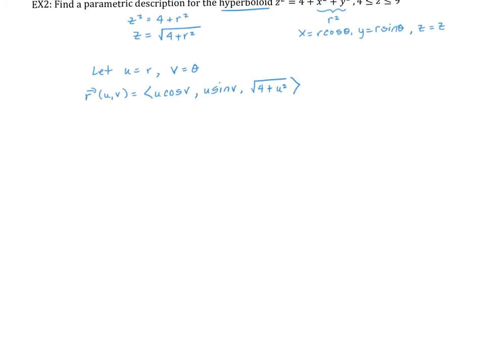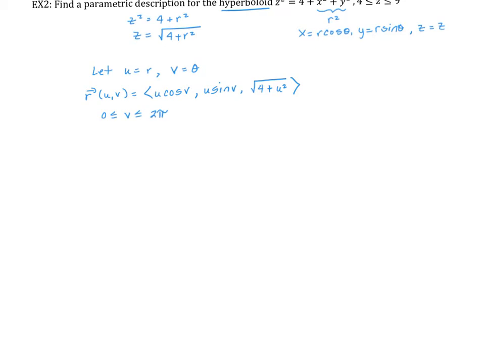All right, so what are the parameters on my u and my v? Well, my v is equal to theta, and the hyperboloid goes all the way around. So I know my v is going to go from 0 to 2 pi. So I just have to figure out what u is.